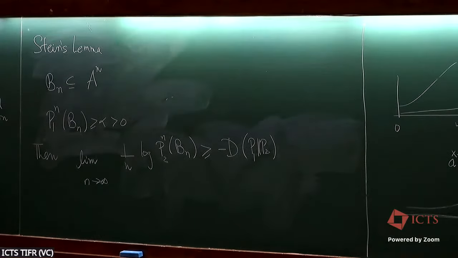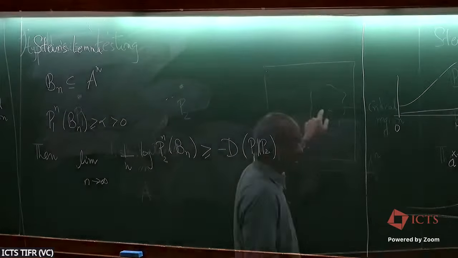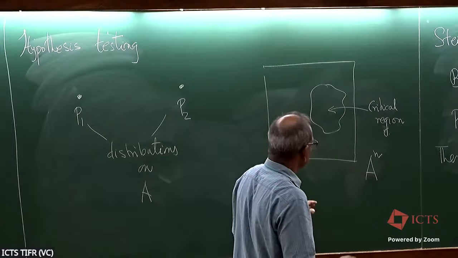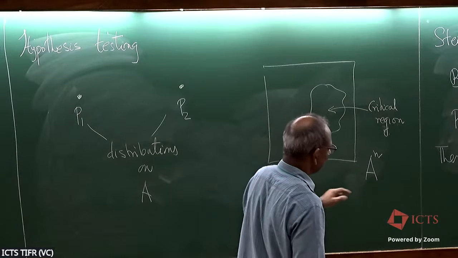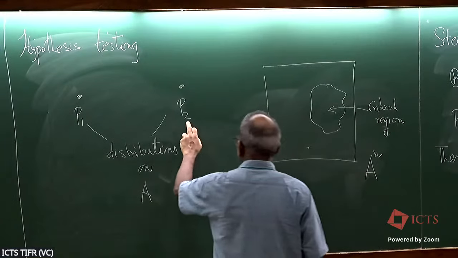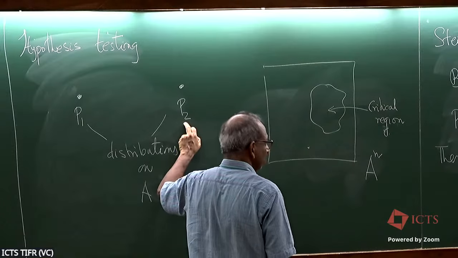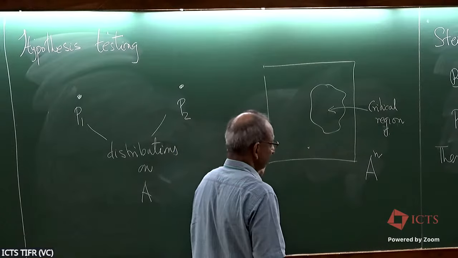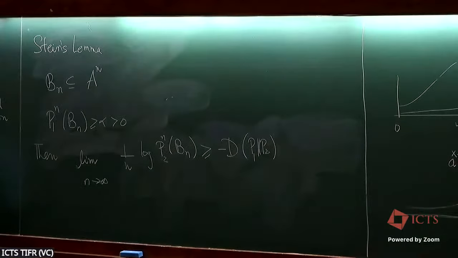But if the sample is being drawn according to P2, then the probability that it falls inside the set Bn should be exponentially small.